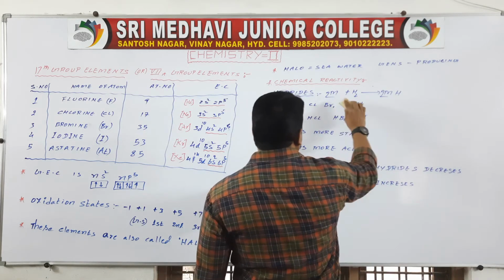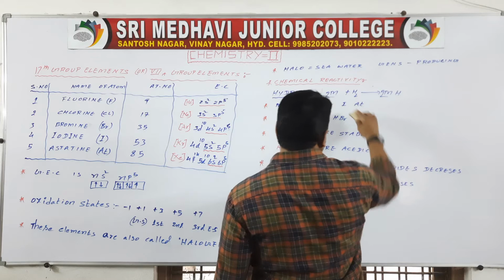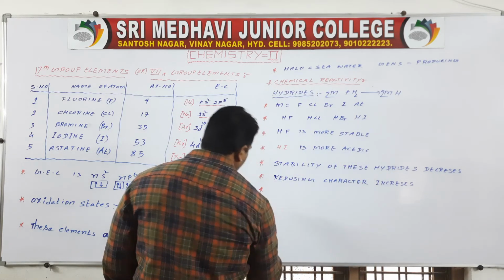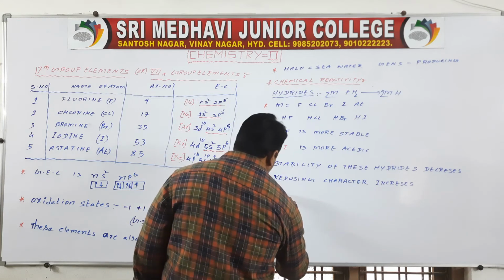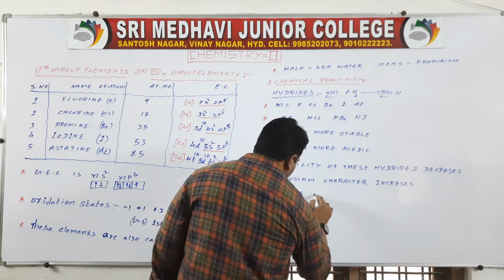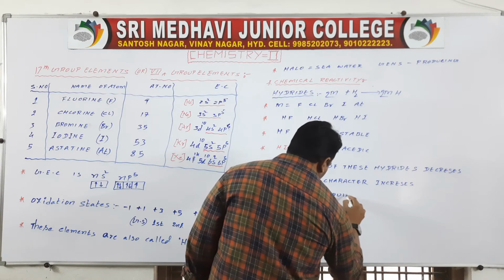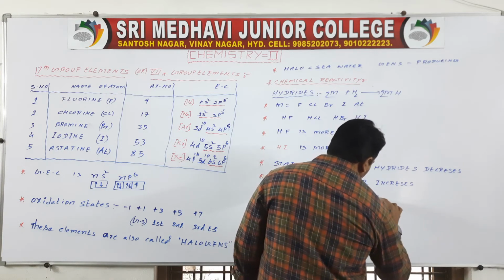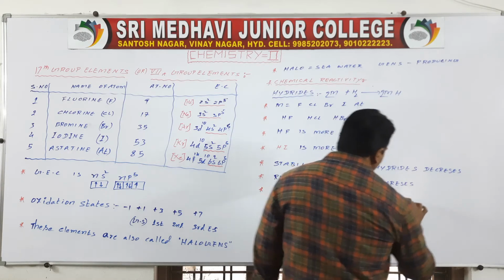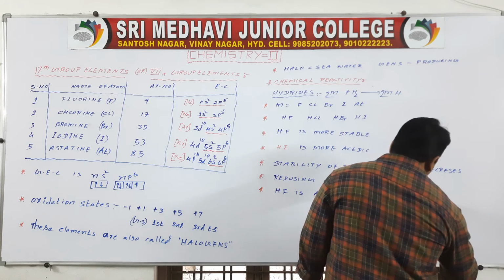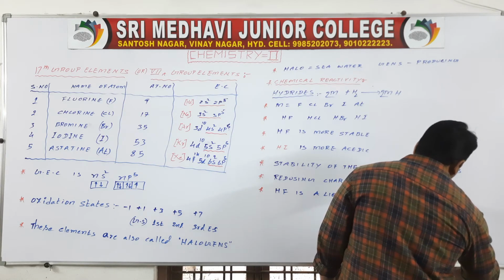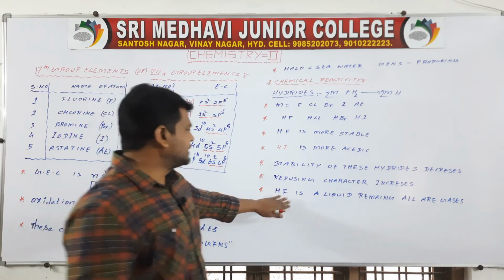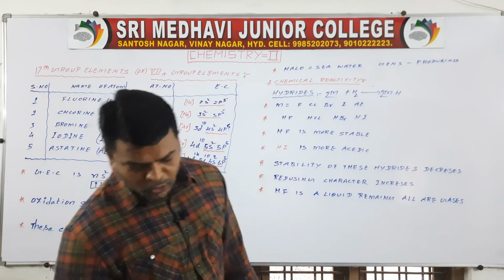So HF is a liquid, remaining all are gases. HCl has a low boiling point.